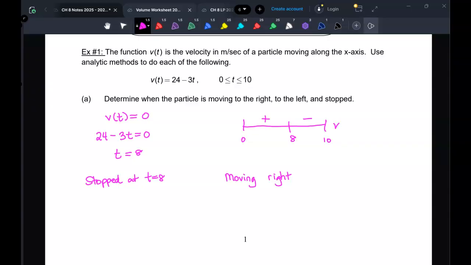I'm going to include the 0, but not the 8, because it stopped at 8. Technically, if I plugged in 0, it starts off moving in the positive direction. And it's moving left from 8 to 10, and we include the 10. Good. All right.